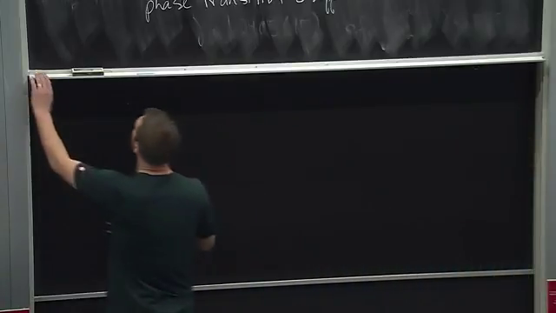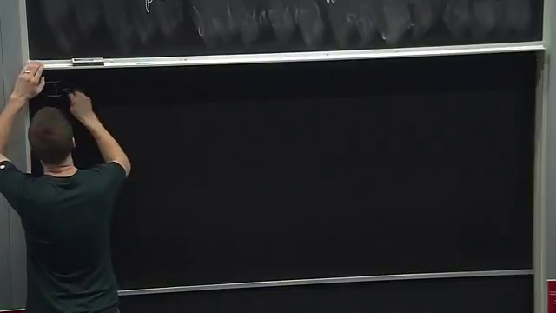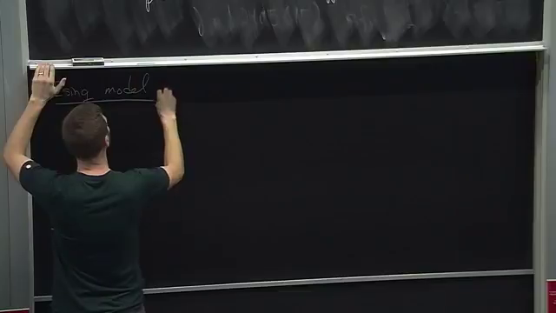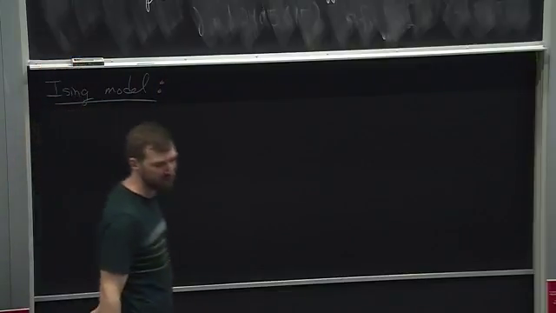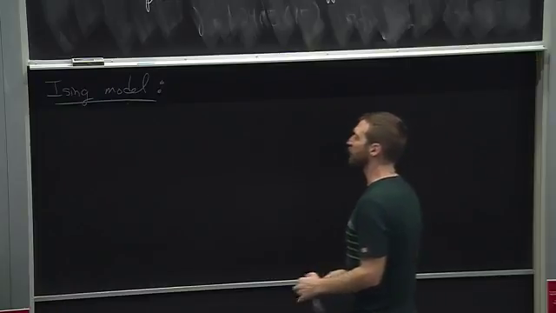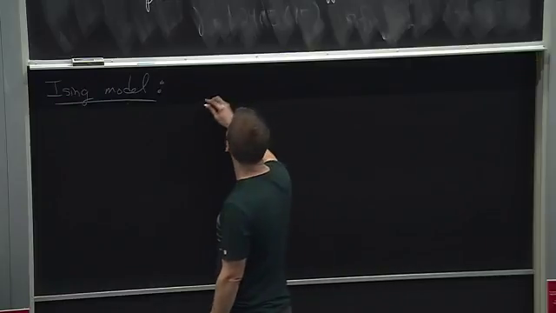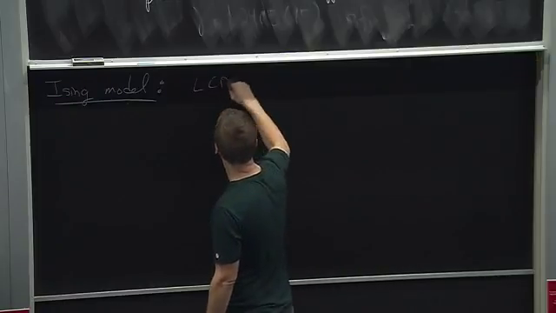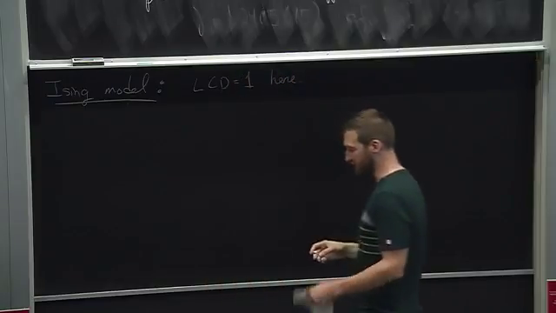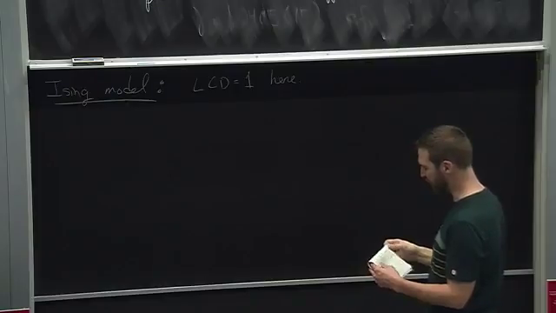So let's just remind ourselves what happened there. I'll do a quick and dirty proof that the lower critical dimension is equal to 1. This is a sloppy version of Peierls' argument.